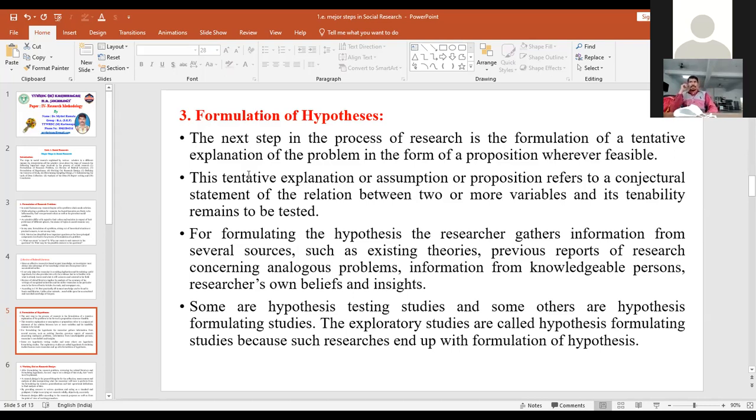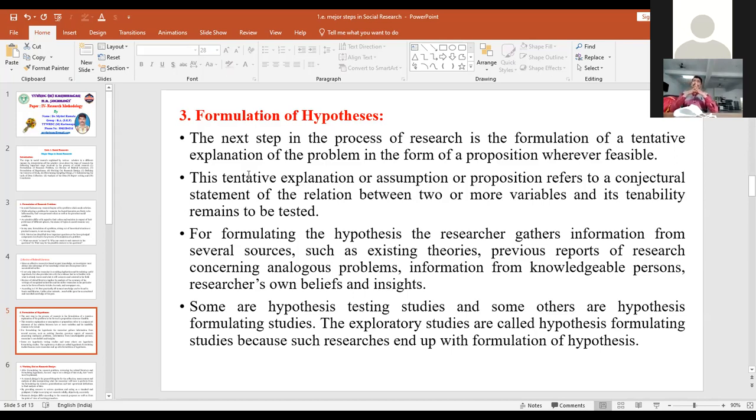So there may be a lack of education. Maybe the lack of education is one reason. So whatever the reasons are that cause their backwardness, that is called the hypothesis.